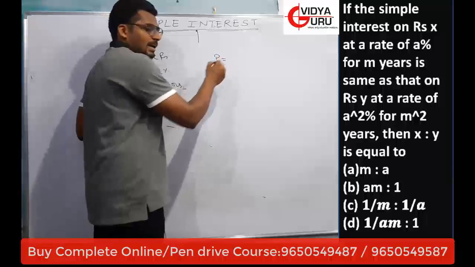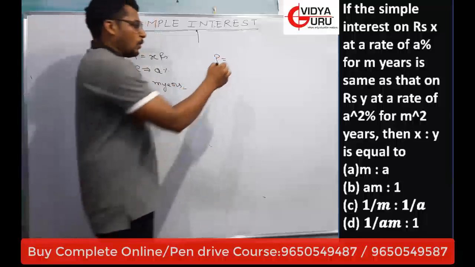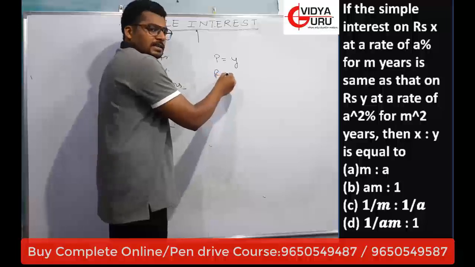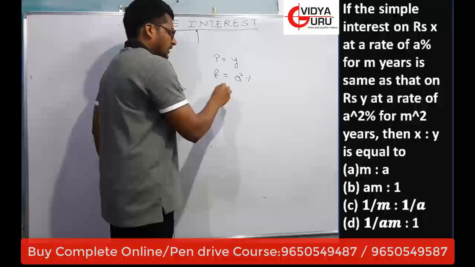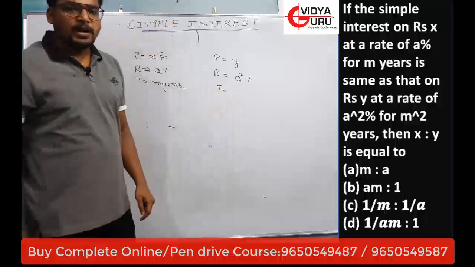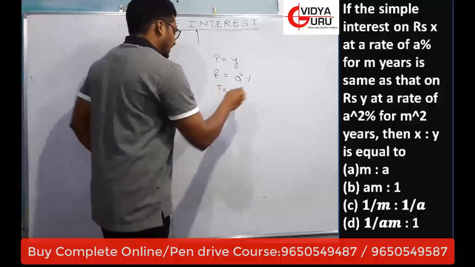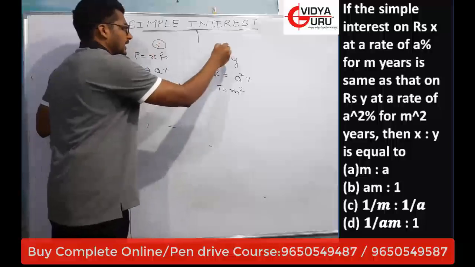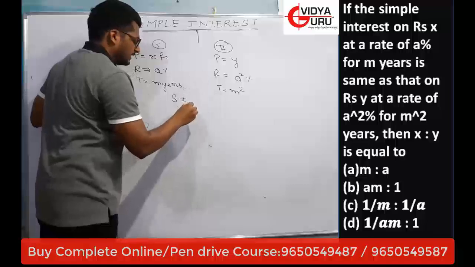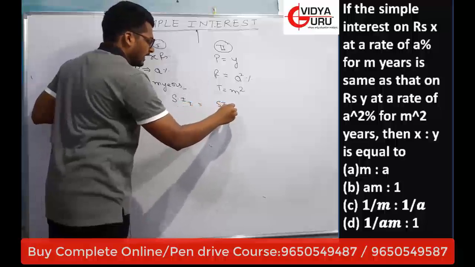What is the sum given here? In another case, on Y rupees, and what is the rate given here? A square %. And what is the time given here? M square. The question is saying SI in the first case and in this case is equal. That means SI1 is equal to SI2.